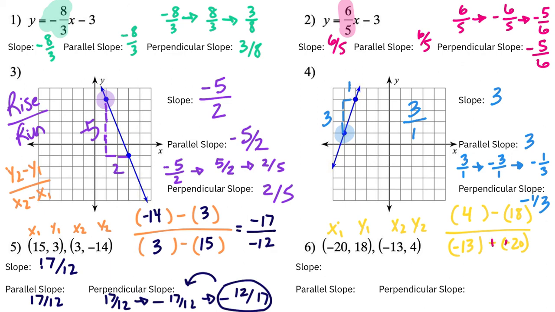So this means that I get negative 14 over 7. If I divide that, that gives me negative 2. So my slope is negative 2. My parallel slope is negative 2. And then I need to do the work to figure out what my perpendicular slope is going to be. So I have negative 2 over 1. It's going to become positive 2 over 1. And then I'm going to flip it. So my perpendicular slope will be positive 1/2.